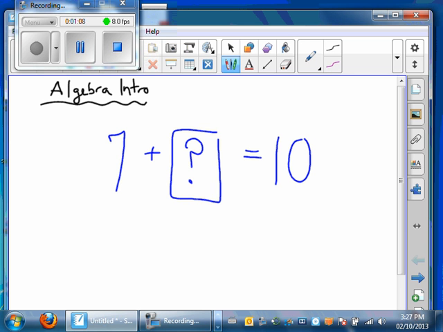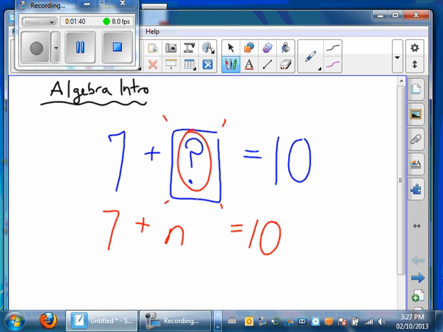So if we take a look at this, we could actually rewrite this using something that we use in algebra known as a variable. And all a variable is, is a letter that is being used instead of the question mark. Okay, so if we rewrote this, it would be 7 plus n, because we're going to choose the letter n to represent this unknown number, equals 10. And then obviously, because we're super intelligent, we can tell that that number is clearly 3.